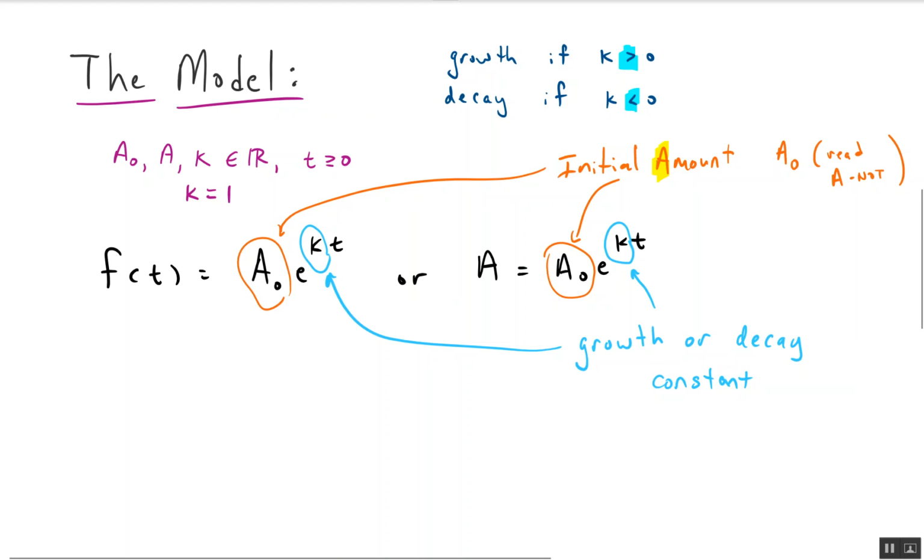So our model starts at time t equals 0. I should probably put that over here as well. Initial amount at time t equals 0.